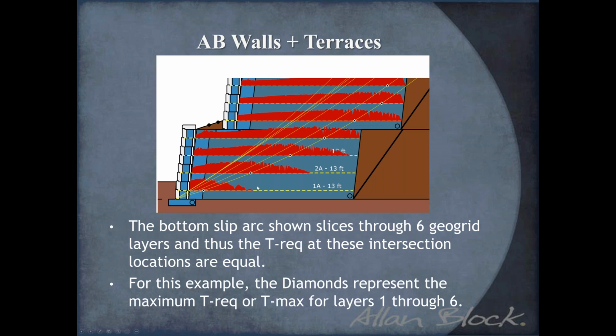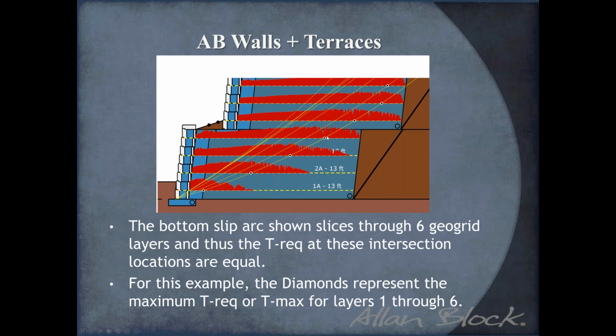So what we're going to do in AB Walls is give you the worst case slip arcs that determine those T max, and we're going to put a spot on the curve to show you the T maxes. So we're showing in this particular image 1, 2, 3, 4, 5, 6, 7 different slip arcs.